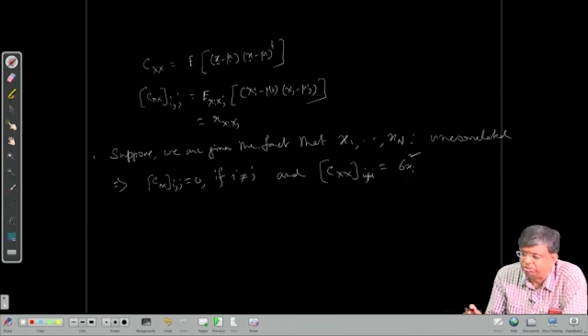Fine. So, suppose this is given and of course, they are jointly Gaussian. Then what happens?